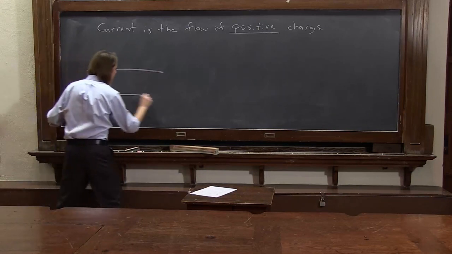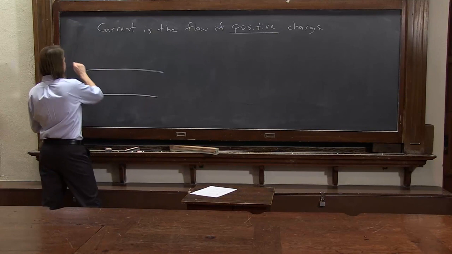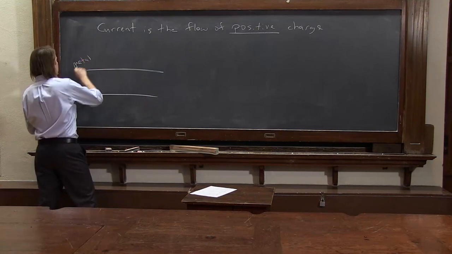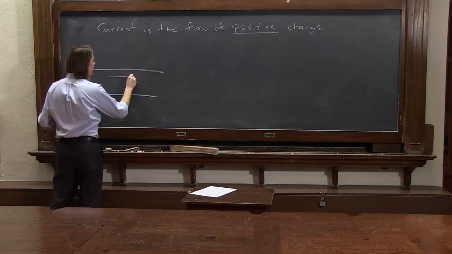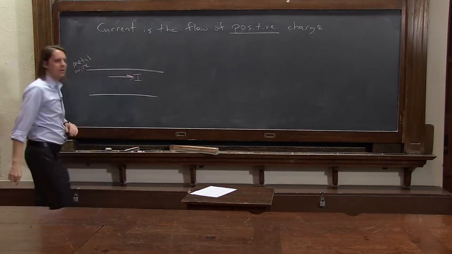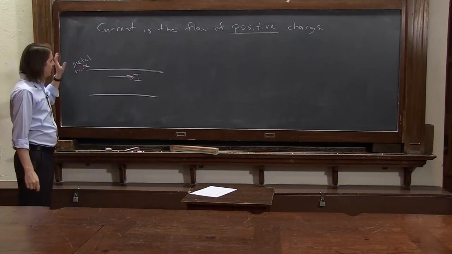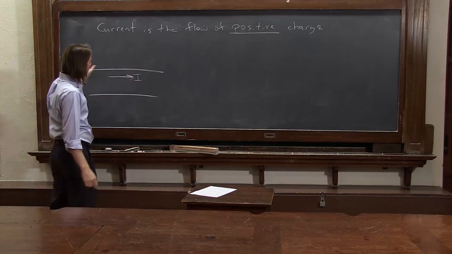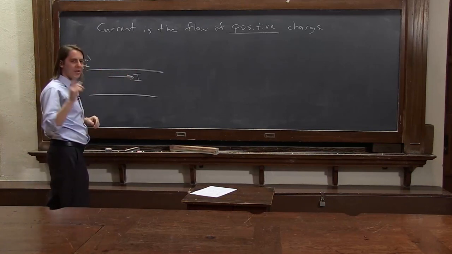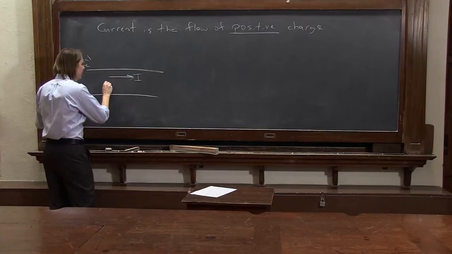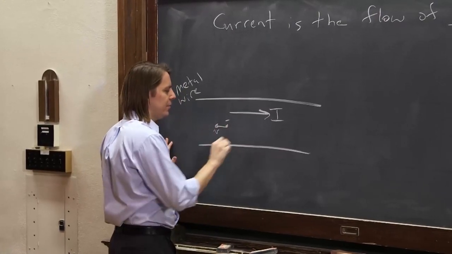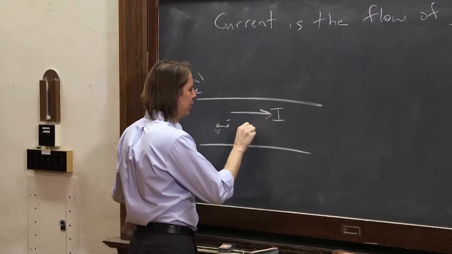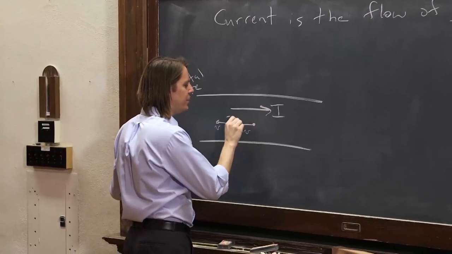Here's a metal wire. We say it has a current in this direction. The current flows this way, from plus to minus. But if I ask you which way the electrons are going, the electrons are going in the opposite direction with some velocity. Current is the flow of positive charge.